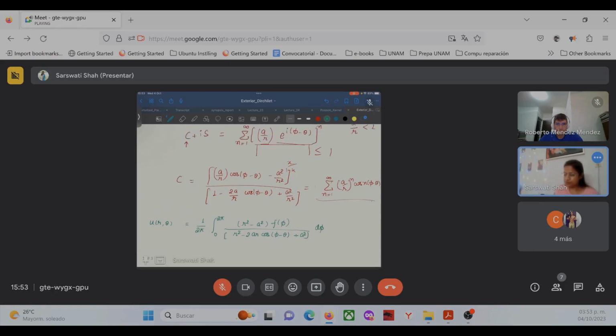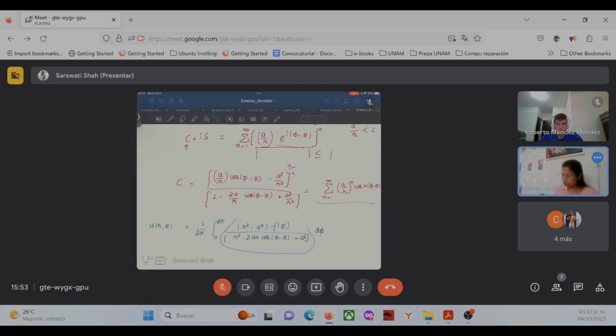So this term is the Poisson kernel, and this is the Poisson integral.